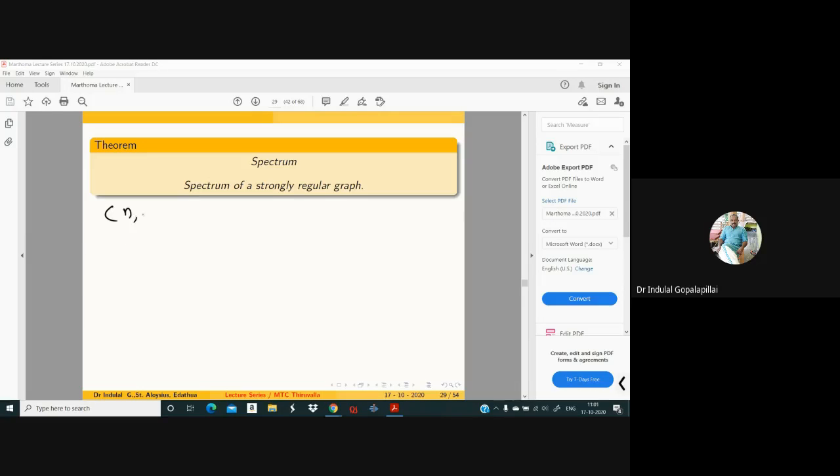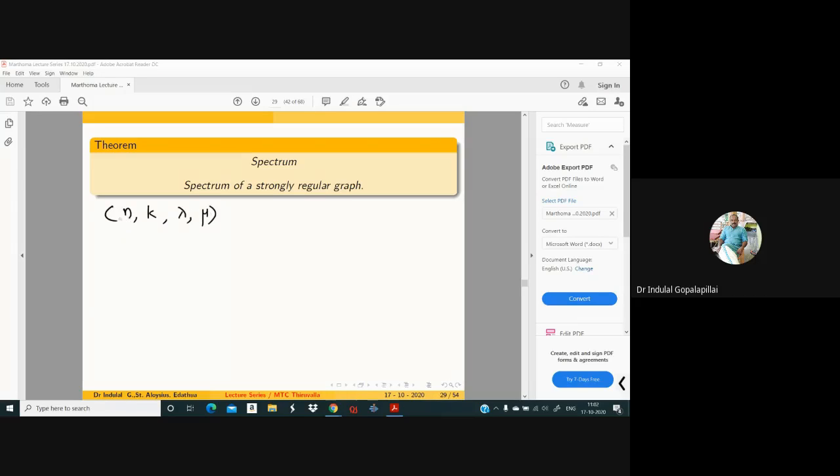A strongly regular graph with n vertices, k regular, in which every 2 adjacent vertices have lambda common neighbors, and every 2 non-adjacent vertices have mu common neighbors, is known as a strongly regular graph, referred to as a graph with parameters n, k, lambda, mu.